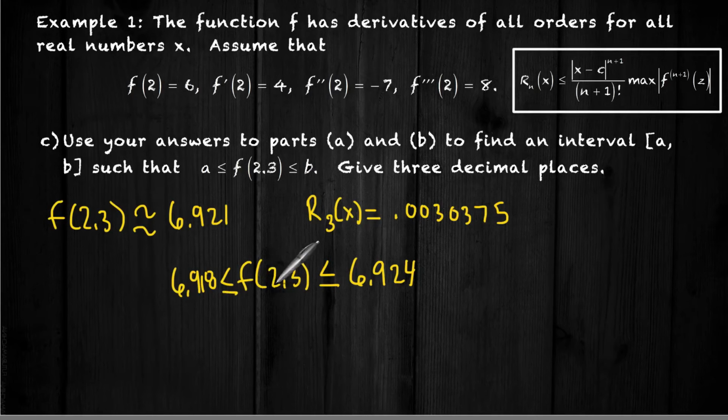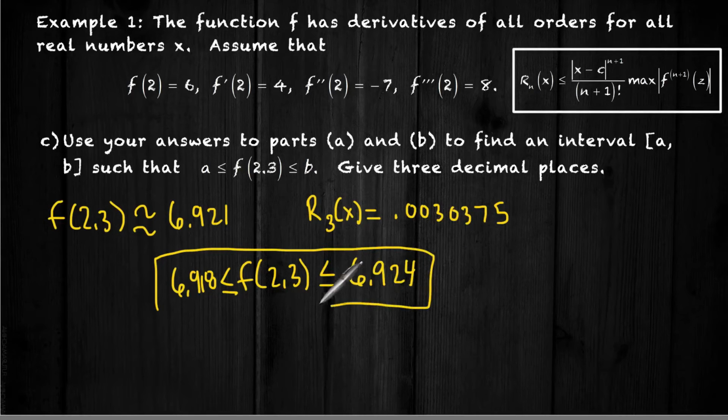So the real value of f of 2.3 is guaranteed to be somewhere within this range because of the Lagrange error bound.